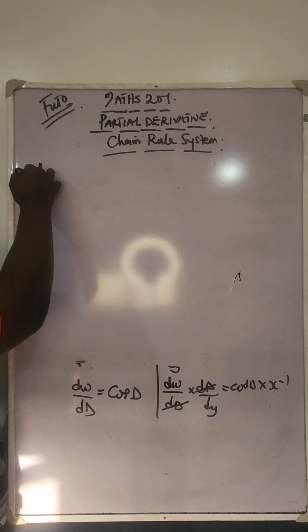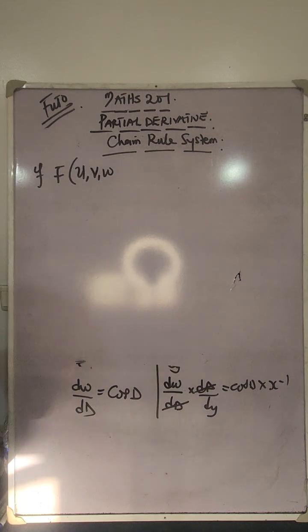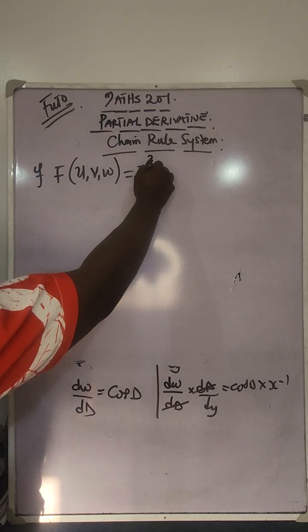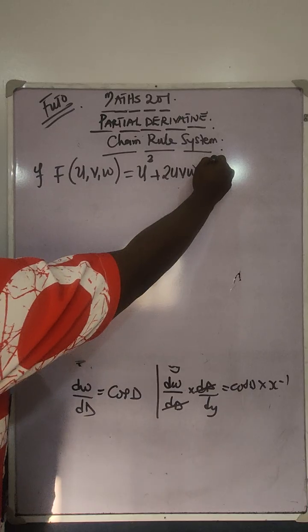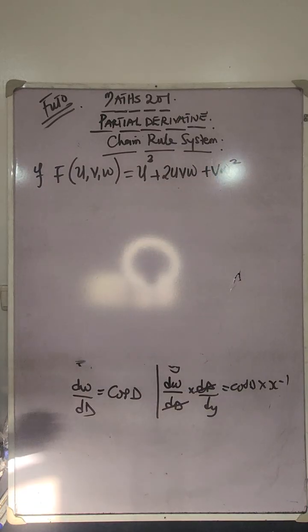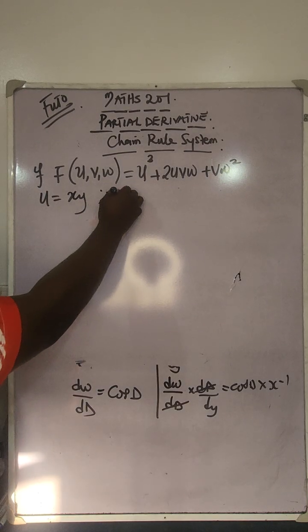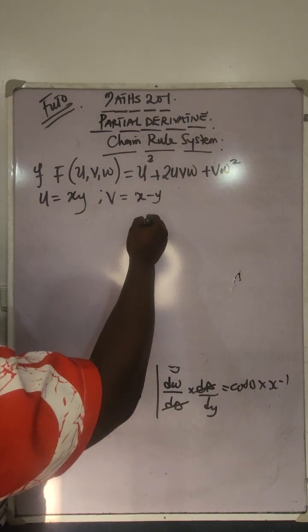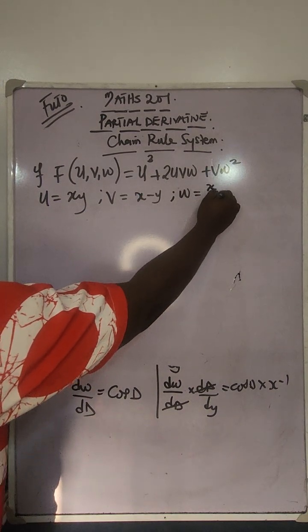So we said if f, a function containing 3 independent variables u, v, and w, is equal to u to the power of 3 plus 2uvw plus vw squared. This is a function, right? And then u is equal to xy, v is equal to x minus y, w is equal to x over y.